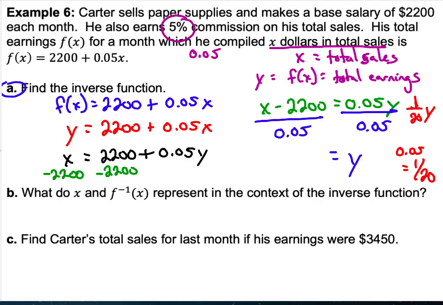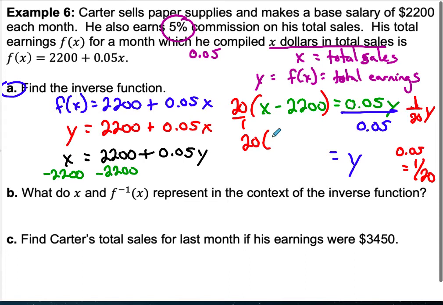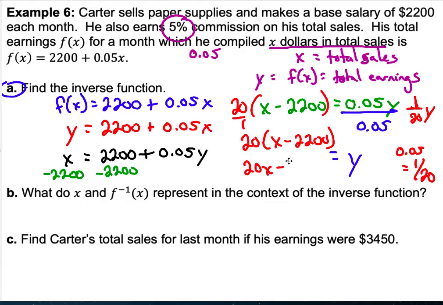So you could think of it as, I'm really doing the opposite. I want to multiply by the reciprocal. So I'm really multiplying times 20 over 1. That's the same thing as dividing by 0.05, because that's really 1/20th. So I multiply by my reciprocal, 20 over 1. So I get 20 times x minus 2,200, or 20x minus 44,000.